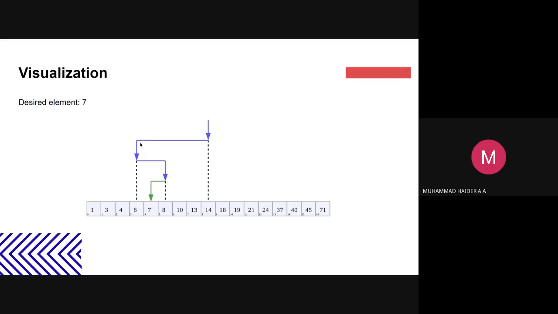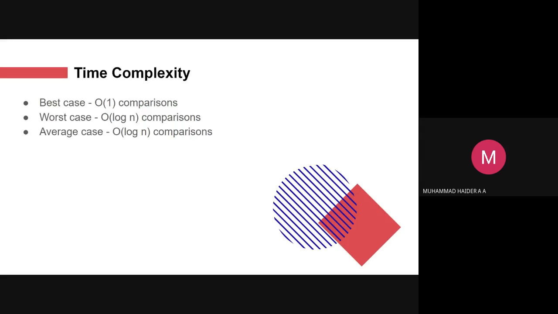Then it begins at the middle again, and then it checks again whether the desired element is less than or more than. So in this case, the desired element is more than the key value 6. It will start at the right side, then left side, and then it finds the desired element. Next, here's the time complexity.